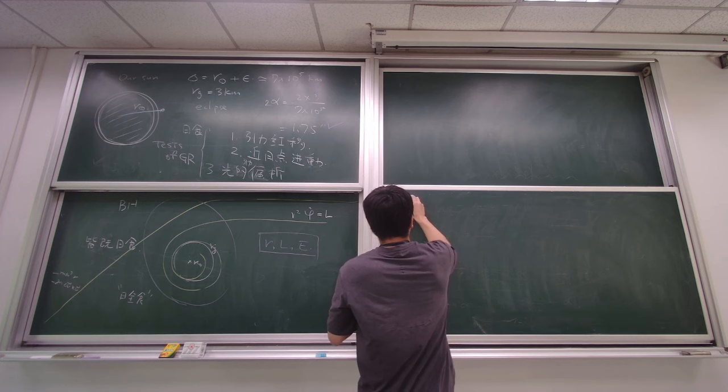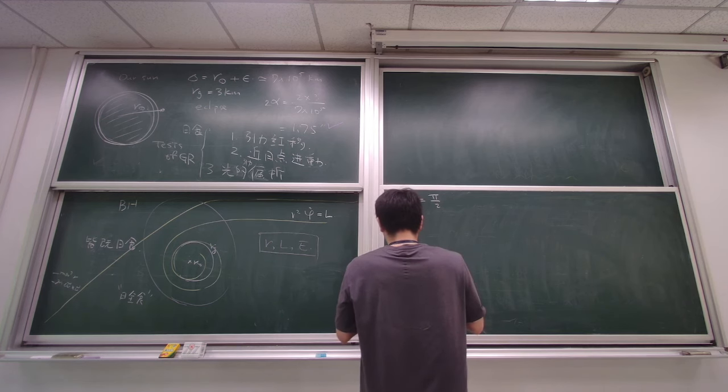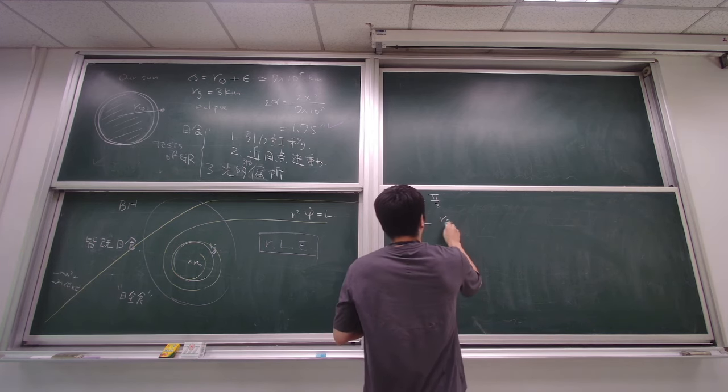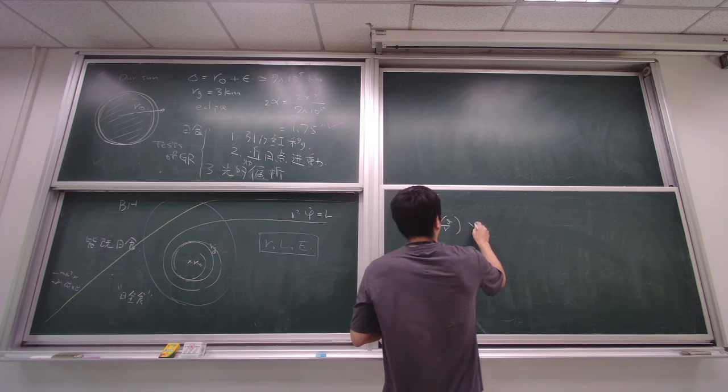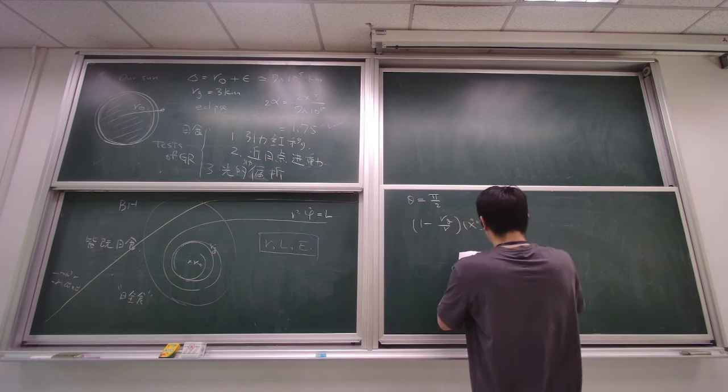So we again set theta equal to pi over 2, and then we can have the equation of motion. So the equation of motion again, with Rg over R. I don't know how many times I wrote this one today, but anyway, it's important to write it down.